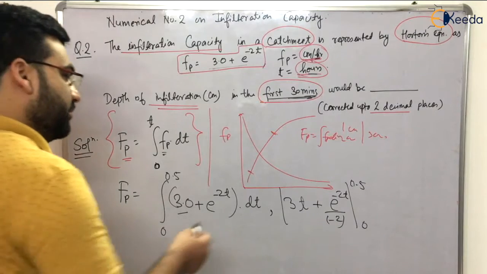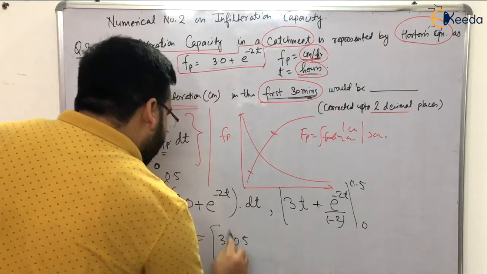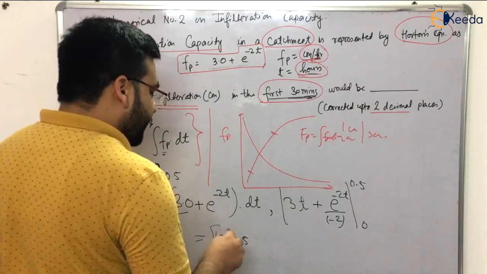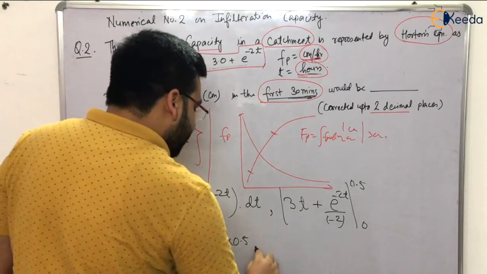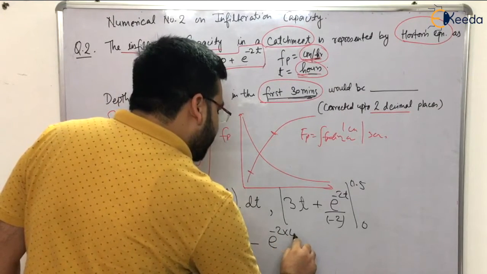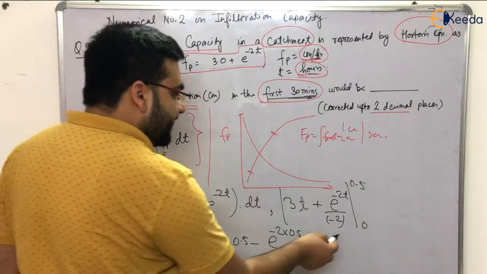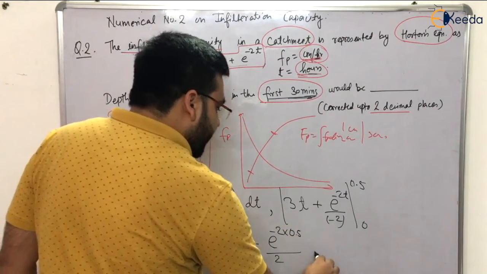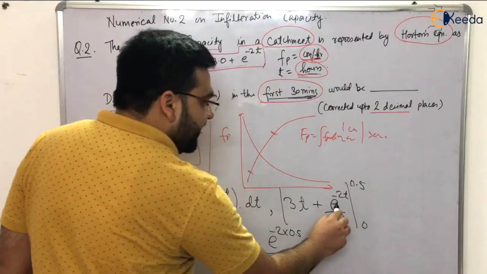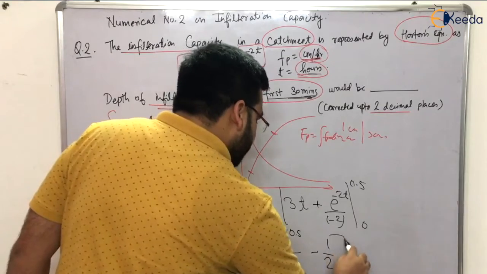So first applying the upper limit, it will be 3 into 0.5 minus e raised to the power minus 2 into 0.5 divided by 2. Clear? Now applying the lower limit, e raised to power minus 0 will be equal to 1, so minus 1 upon 2.